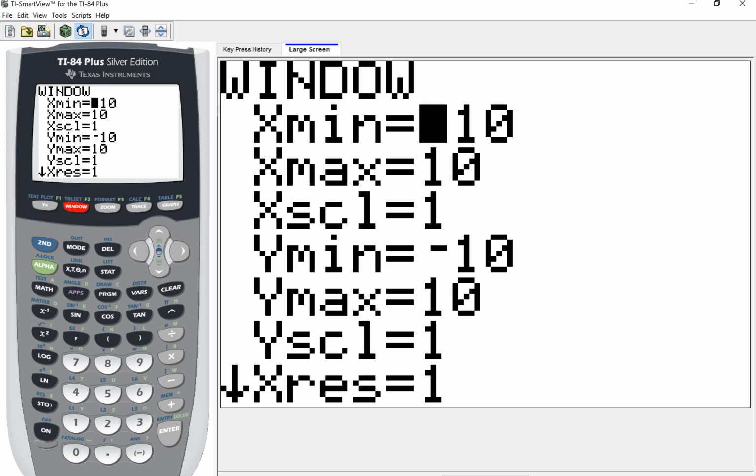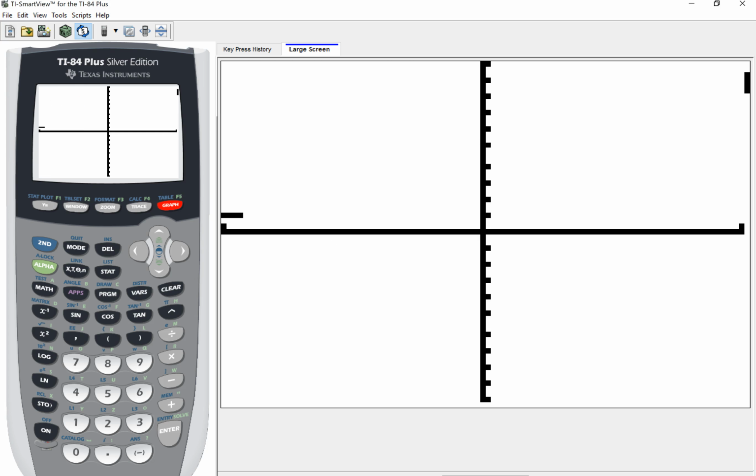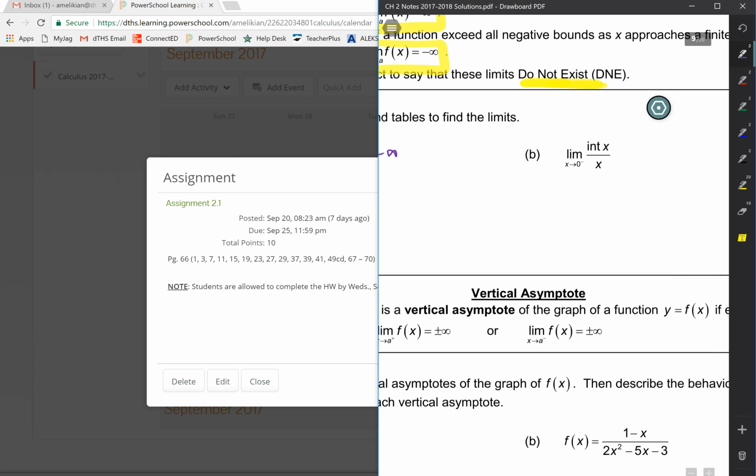So let's go to window, and how about we just go from negative 1 to 1 on the x-axis? Now I really zoomed in. Where do you think it looks like it's going? Positive infinity. As you approach 0 from the negative side, it's going to positive infinity.